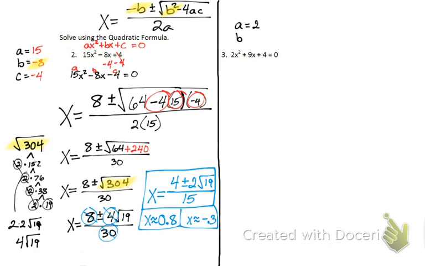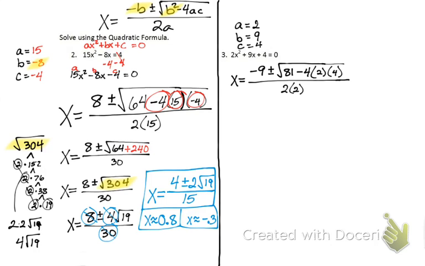What is your B? B is 9. And what is your C? C is 4, right? Because it already says equals 0, which we know when we're solving, we have to have it equal to 0 when we solve here. So, plug in those A's, B's, and C's, and then unpause the video and see if you've done that right.